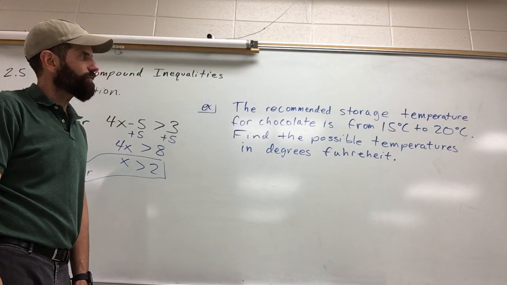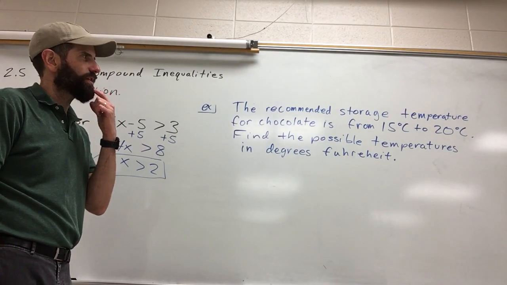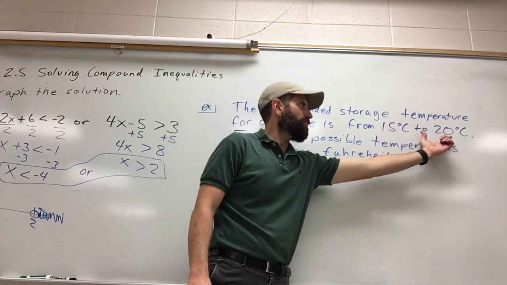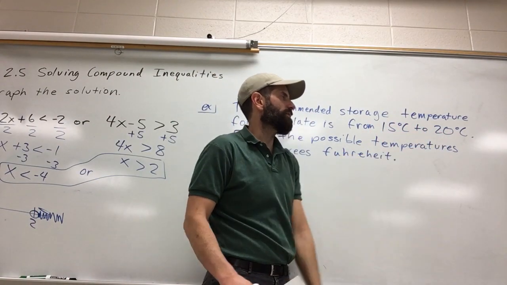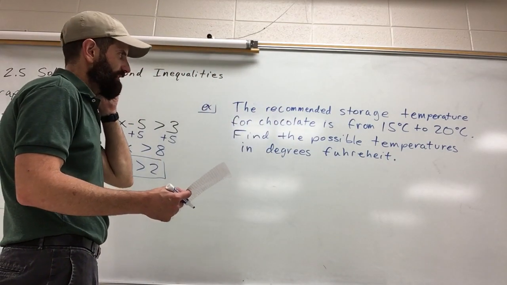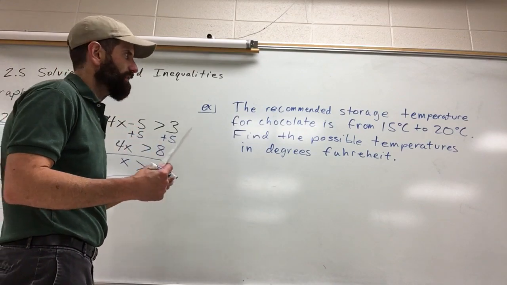Okay, so the recommended storage temperature for chocolate is from 15 degrees Celsius to 20 degrees Celsius. So you could be 15 degrees up to and including 20 degrees. And then they want to know the possible Fahrenheit degree temperatures.